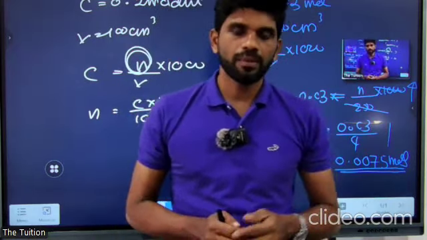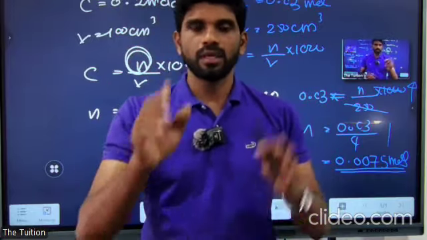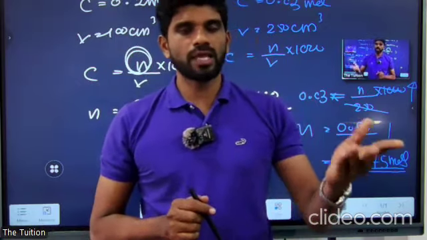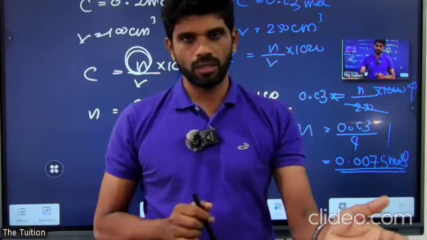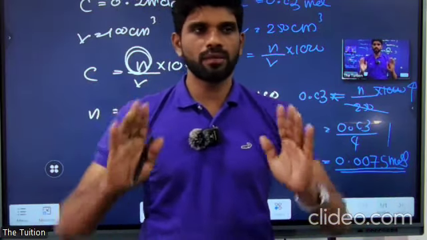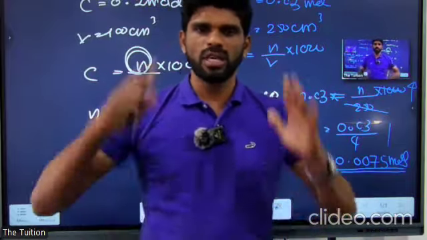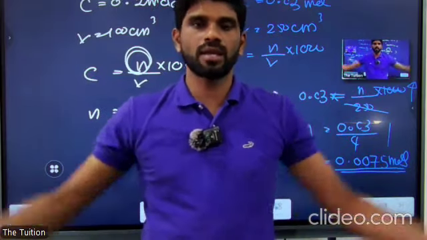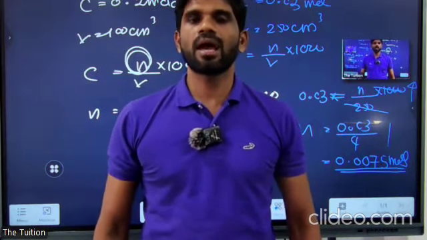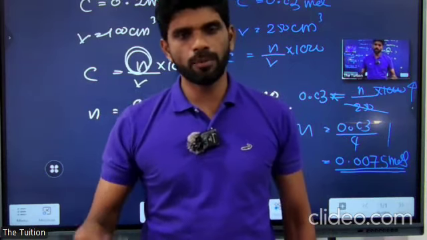There's another one, C equal N divided by V into 1000. When I give the volume in cubic centimeter, you can use that equation. Whenever you see a concentration, moles or volume, use these two equations and you can calculate the moles and concentration. That's it. You can do the calculations and simplify.